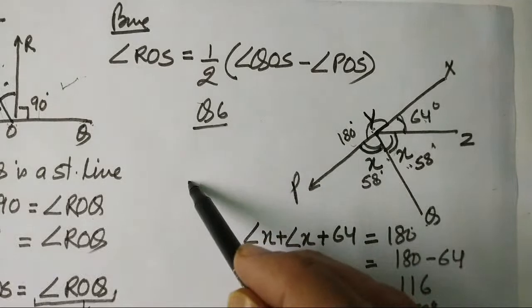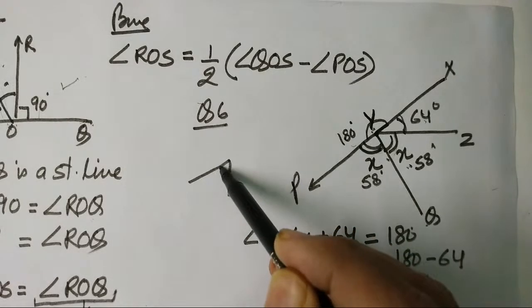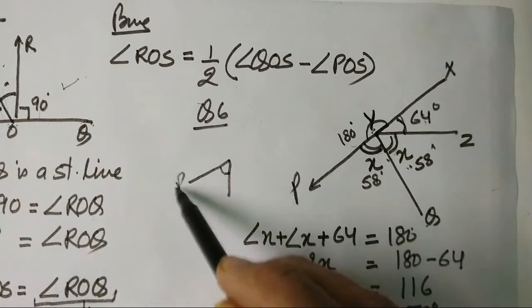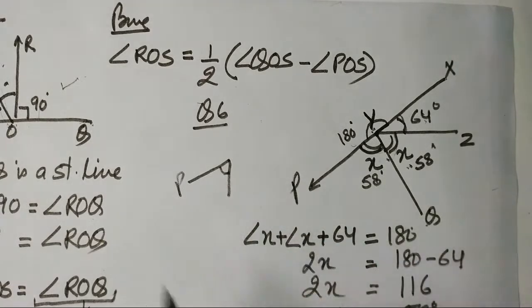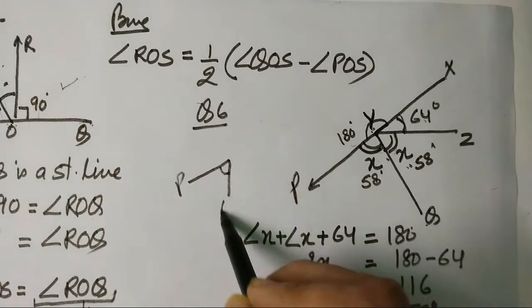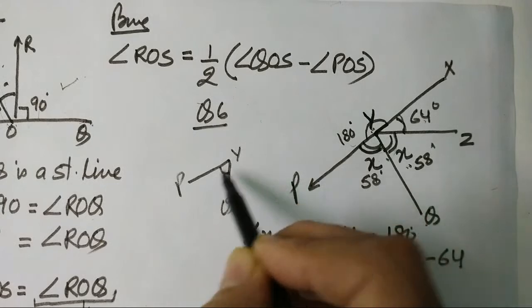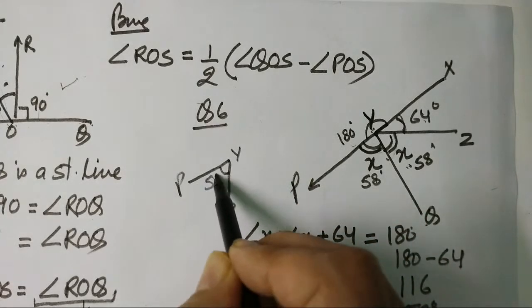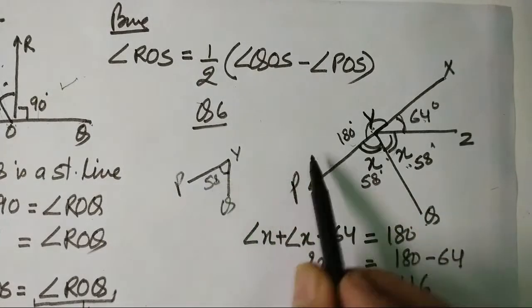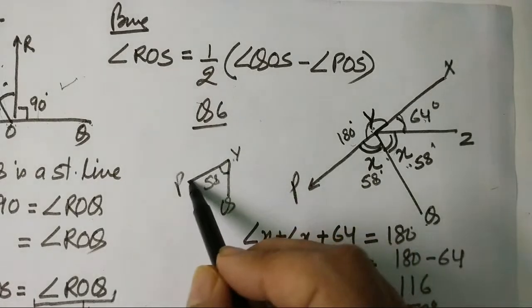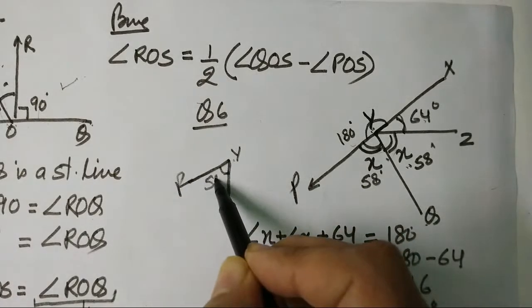So what is the meaning of reflex of any angle? If any angle is given, if this is P and this is Q, this is Y and this is 58. I've drawn this figure here. So QYP is 58 degrees.